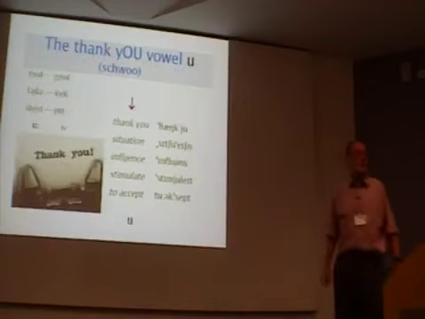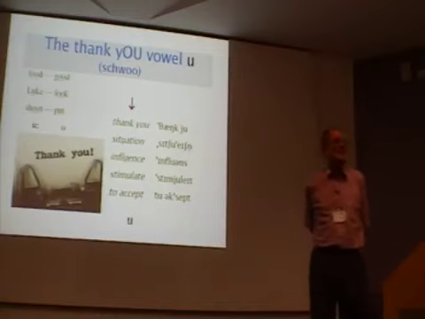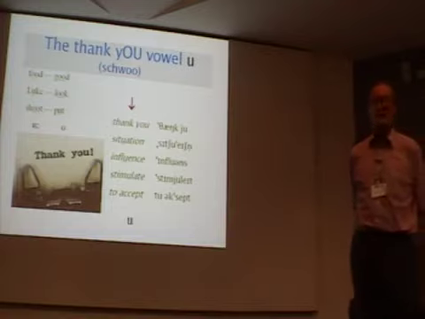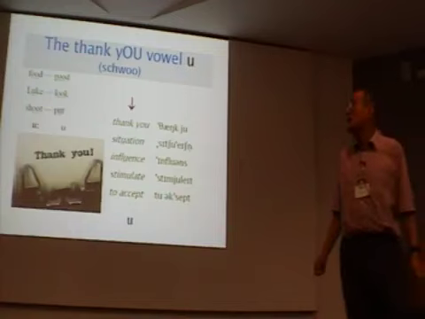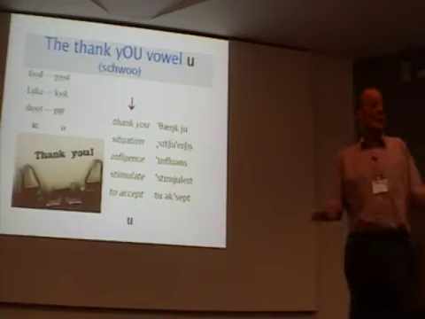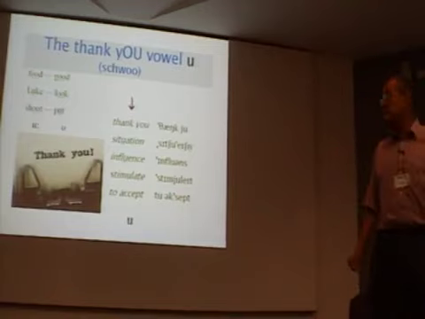Well, correspondingly at the back, we've got a schwoo, which is the vowel at the end of thank you. Again, U has a strong form with a long oo, but a weak form, that's you. The difference between food and good, look and look, shoot and put, applies in stressed syllables, strong syllables.